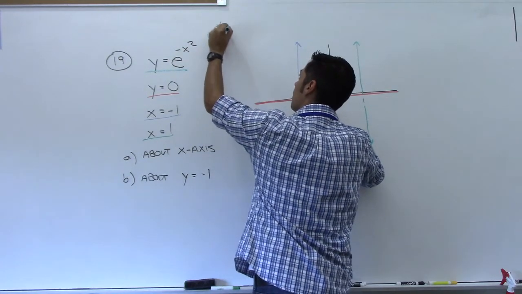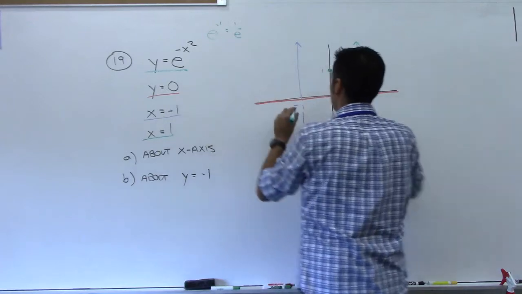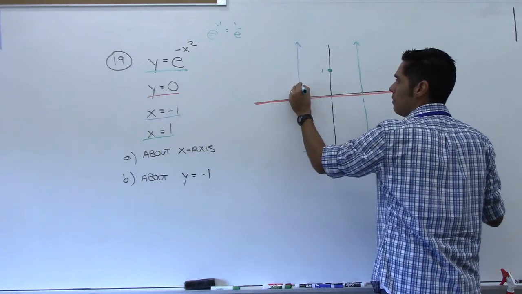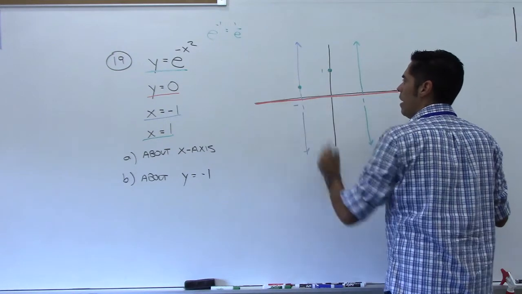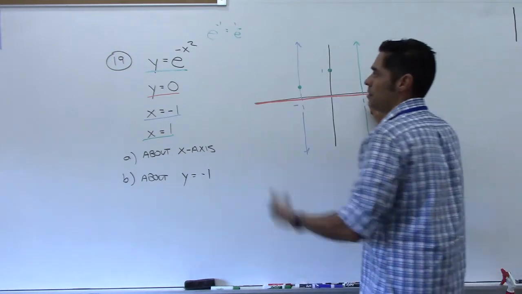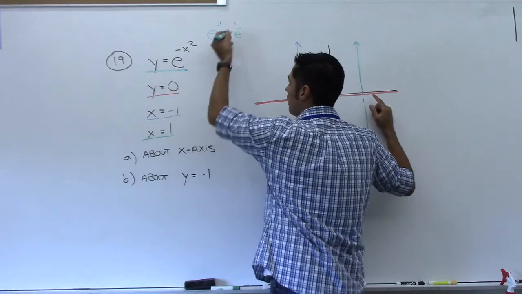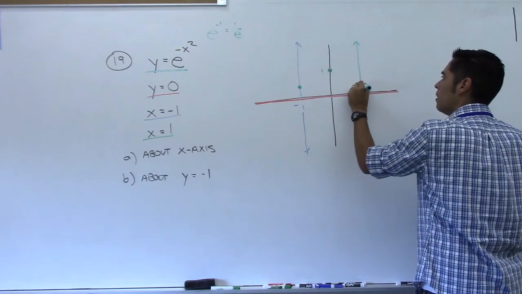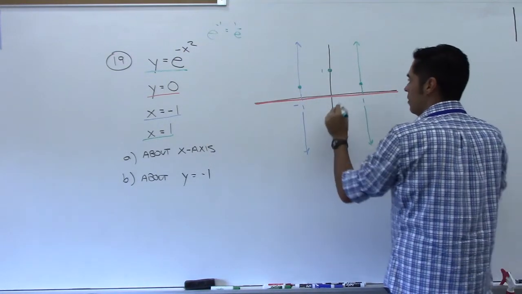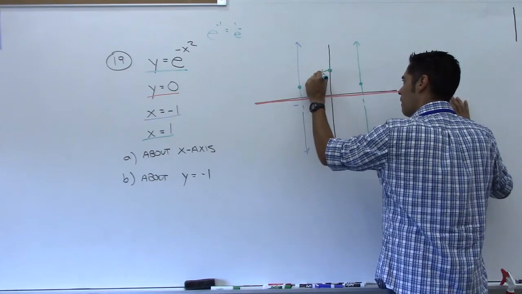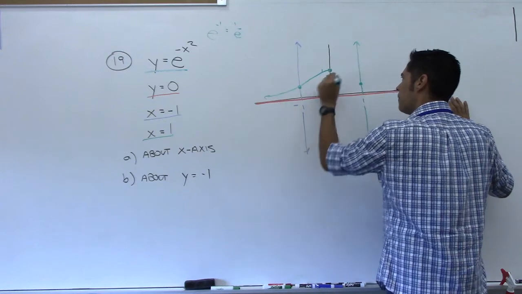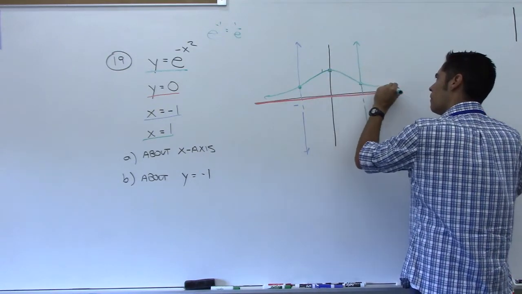E to the negative 1 is 1 over e, which is going to be a small number, which is going to be like this. And then if I do positive 1, the same thing happens. I square it, I take negative, I get the same result, so it's like this. And then as I go out further, they're going to get smaller, so it's going to look something like this. Okay.